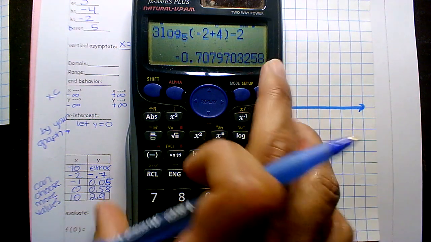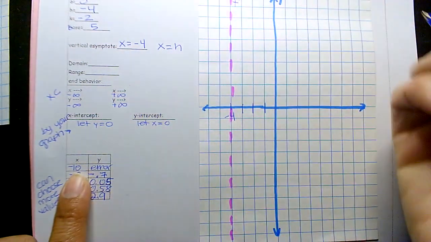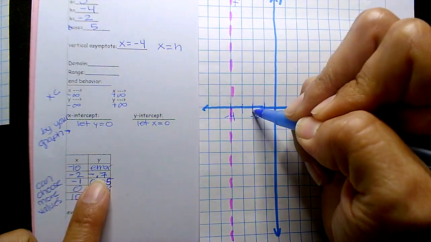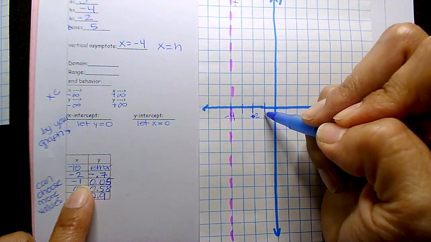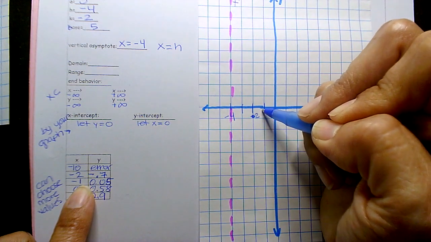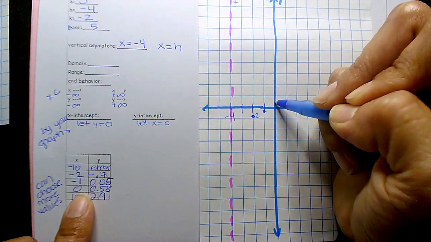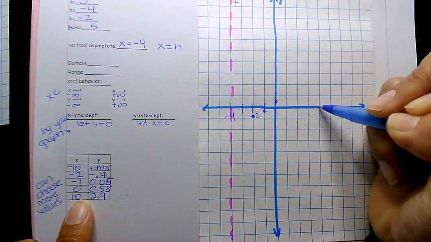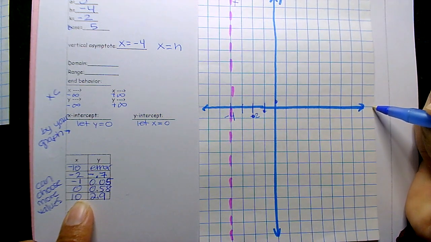If I stop and move to my graph, I have -10, an error. -2, I have -0.7, so that's here. -1, I have -0.5, so it's here. At 0, I have 0.58, and at 10, 1, 2, 3, 4, 5, 6, 7, 8, 9, 10, we'll pretend it's here.